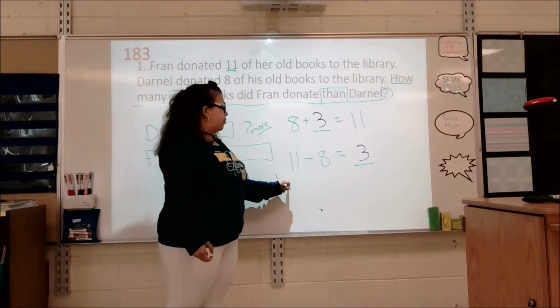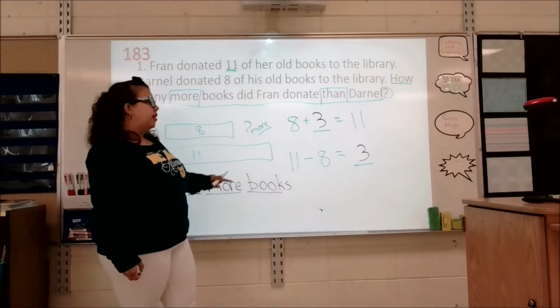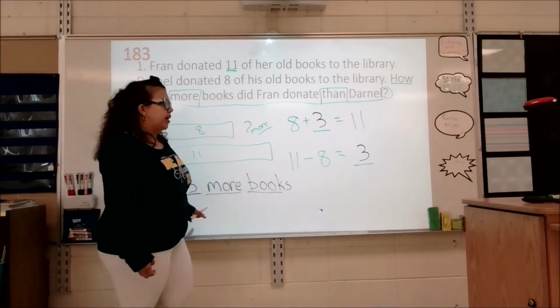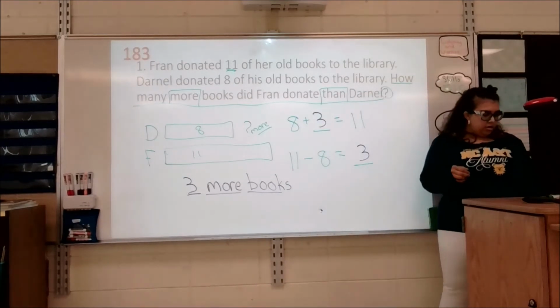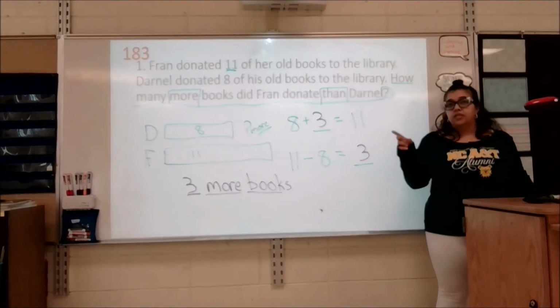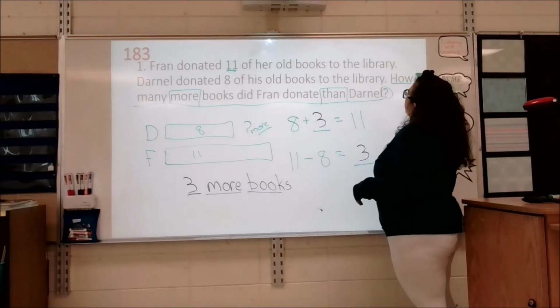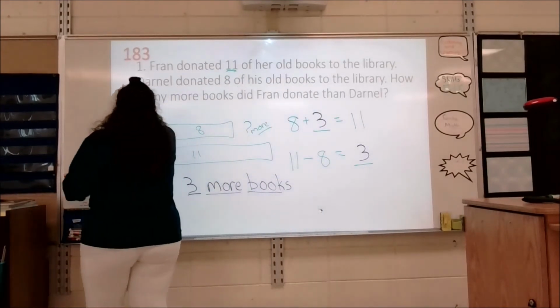You need to have the object, what you're counting, and the number, the unit and the amount. Okay, good job. So, like I said, this was a double tape diagram. Let's go ahead to number 2 and see which type of tape diagram that problem lends itself to.